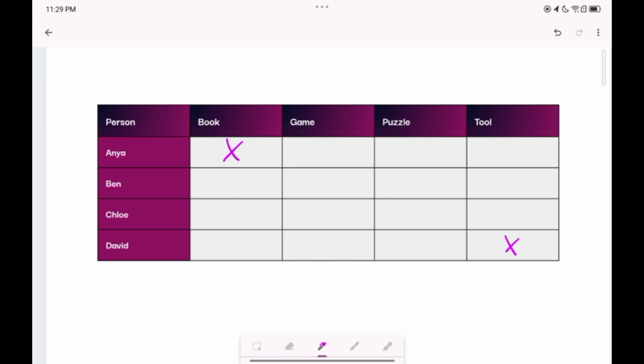Chloe received her package after David, but before Ben. So this means that Chloe's package can be the first and Ben's can't be the second or the third.